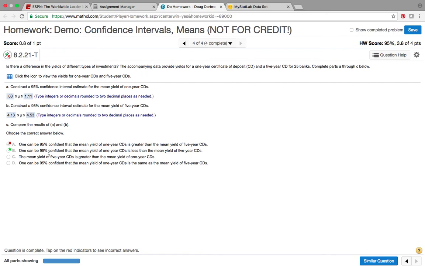Okay. Well, guys, when you're working your assignment, go with that. One can be 95% confident that the... that's awful tricky. I tell you, I don't agree with that. I have to tell you, statistically speaking, I'm not sure the confidence level stays stable over the comparison of the two intervals.